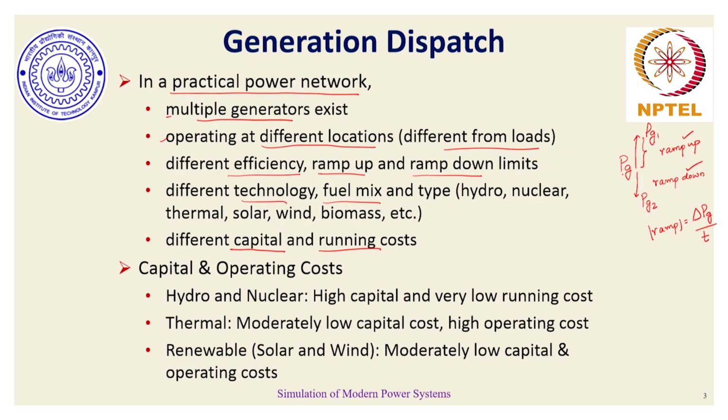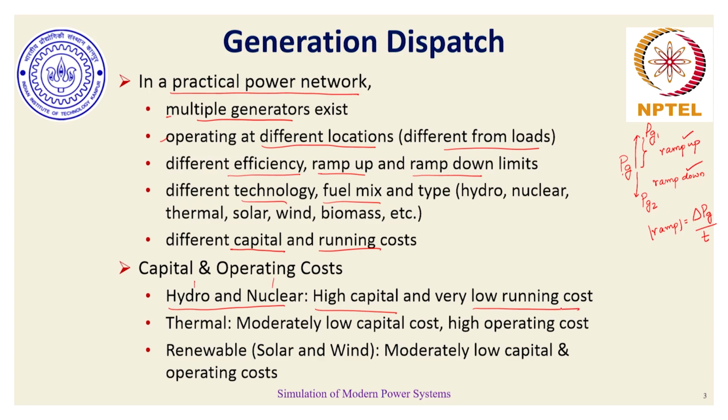In terms of the conventional generators that we have, hydro and nuclear plants, their capital cost, investment cost, is very, very high, given the auxiliaries and the geographical span involved in setting up a hydro and a nuclear plant, but their running costs are comparatively much, much lower. On the other hand, thermal plants have moderately lower investment cost, but the operating costs are high because these are mostly fossil fuel dependent generations.